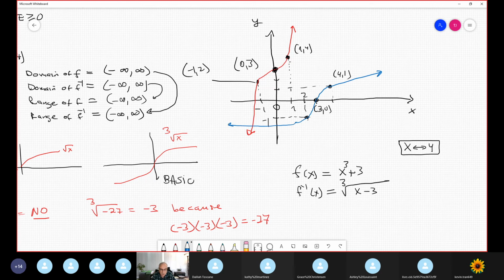And you can see that both graphs, this is the original f of x, and this is the inverse, are symmetric with respect to the line y equals x, which represents the identity function.